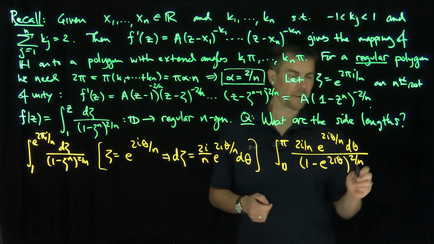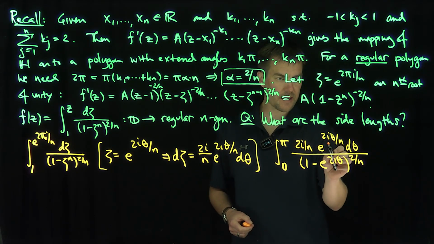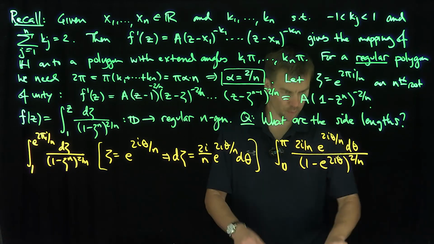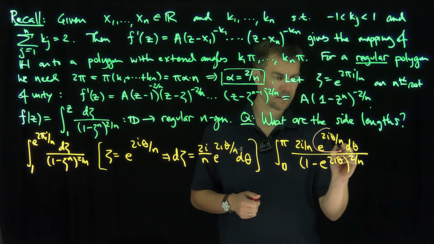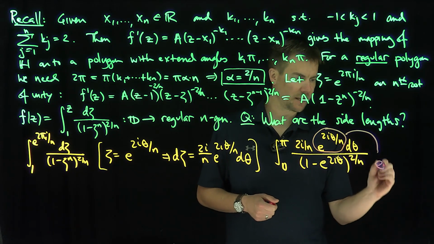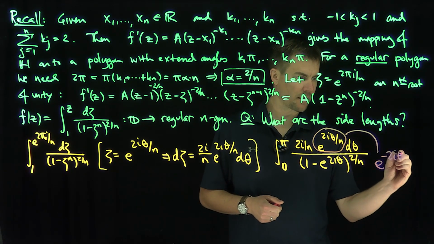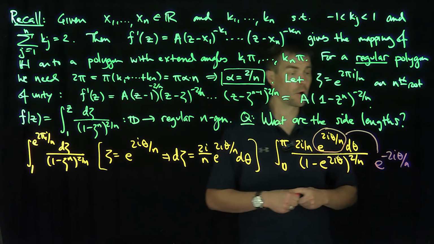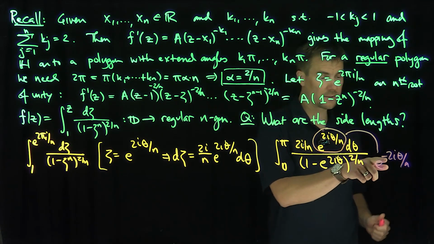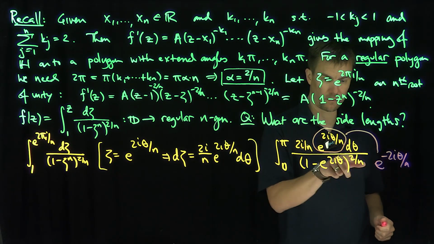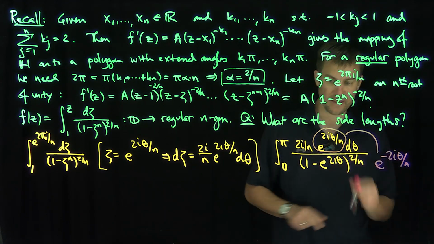So now I'm going to pull this out over here, and take this expression and put it in the denominator as an e to the negative 2i theta over n. Which means, since I have a 2 over n over here and a 2 over n over here, I can put an e to the negative i theta inside there.